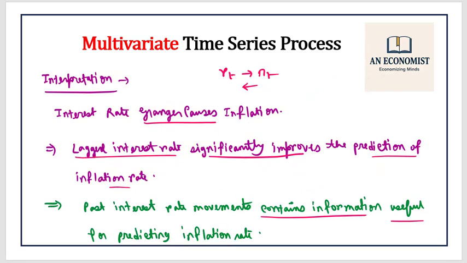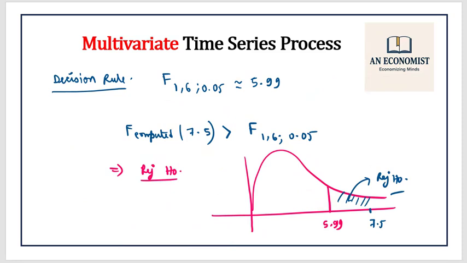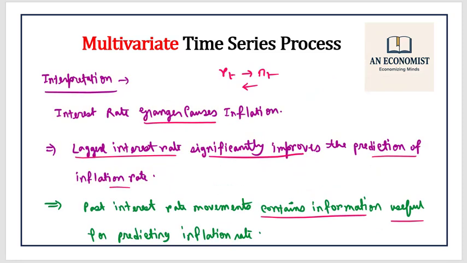The decision rule is pretty simple. If your computed value exceeds the critical value, you will say we reject H naught, and you interpret your result in this particular fashion. Interpretation is very important. You can't just leave it like this. You have to clearly mention what you are getting and what your conclusion is after getting the result.